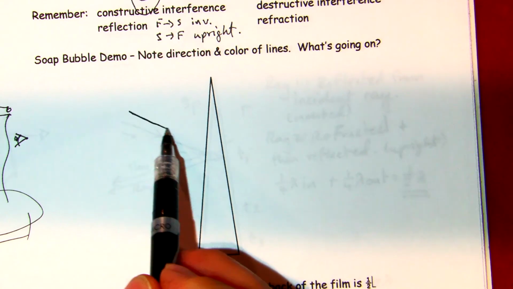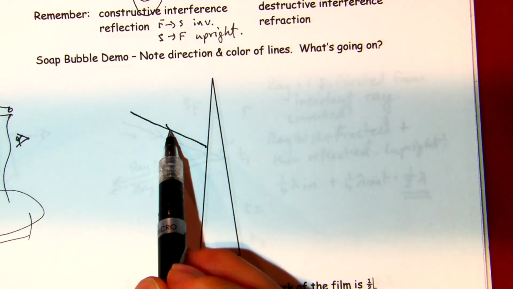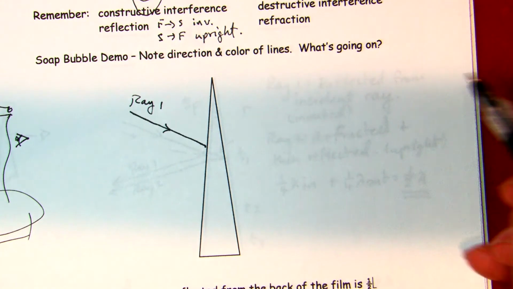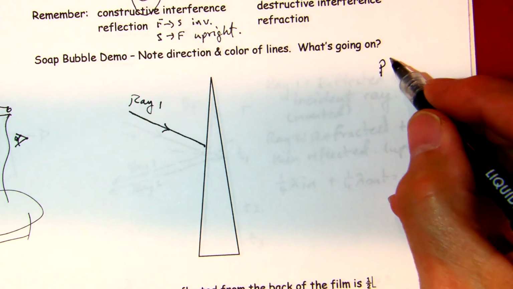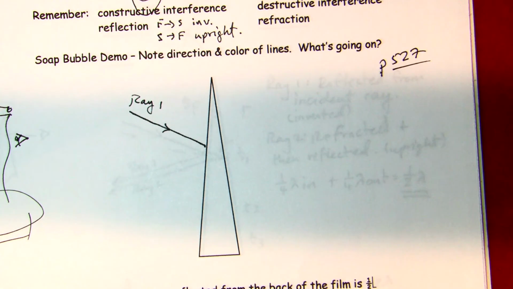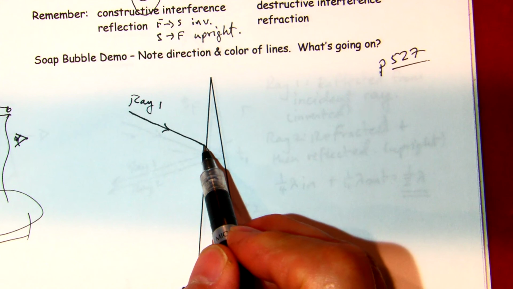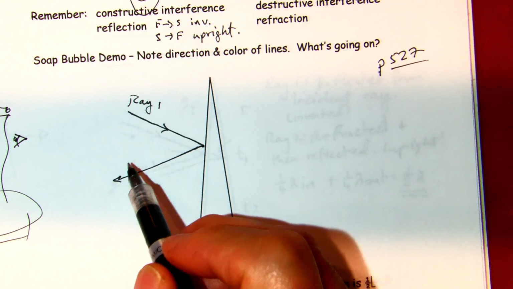Okay, so now let's look at what happens when a light ray comes in and hits it. All right, this comes in, and we'll call this ray 1. By the way, the book has a really good description of this and better drawings than I'm going to be able to do, probably on page 527, so you may want to review that. Some of the energy is going to get reflected, and it's going to come off here, and this is ray 1.